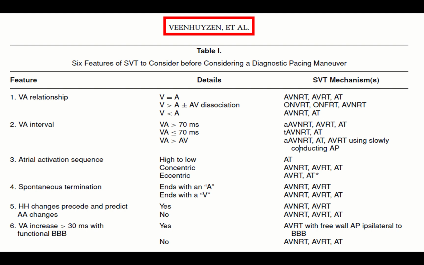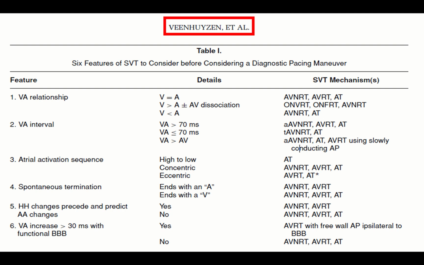And to summarize all our lecture in one slide, it is Vanhoesen et al. Amazing paper. This is the most golden rule in our lecture today that summarizes the 6 points in less than 1 minute. Let's see the 6 features of SVT. Number 1, VA relationship. V equal A, maybe AVNRT, AVRT, atrial tach.